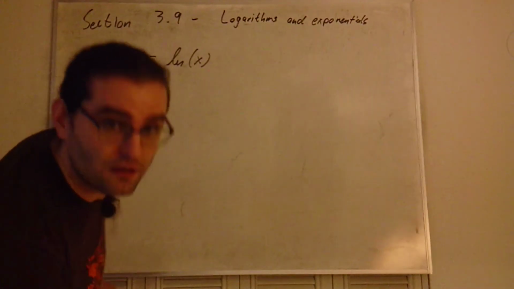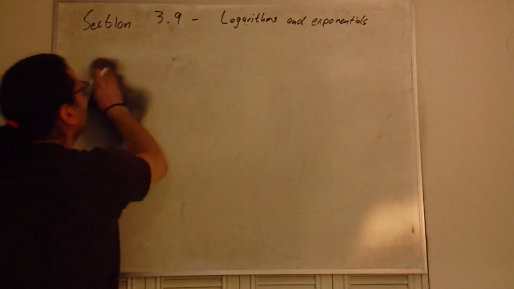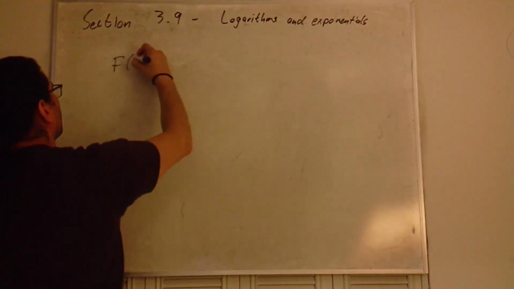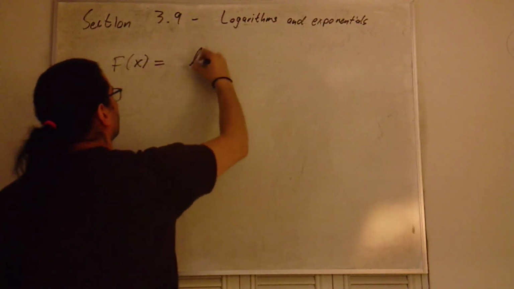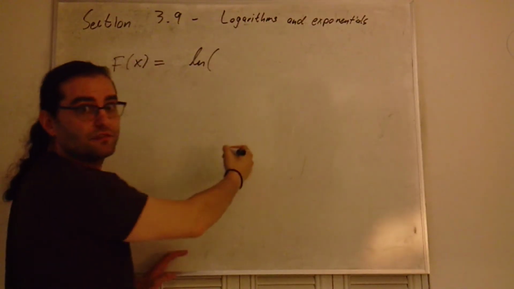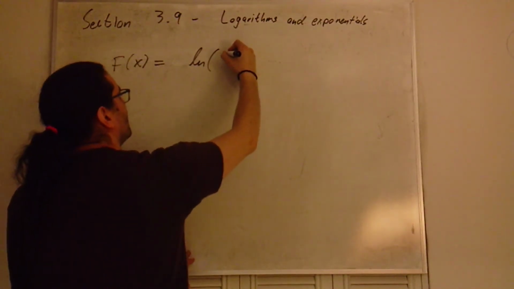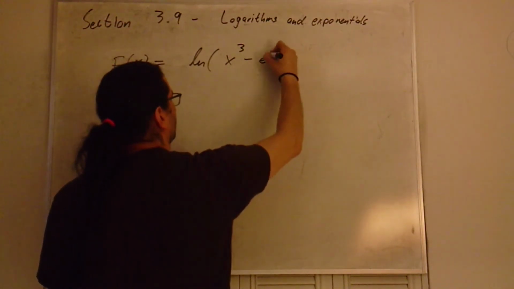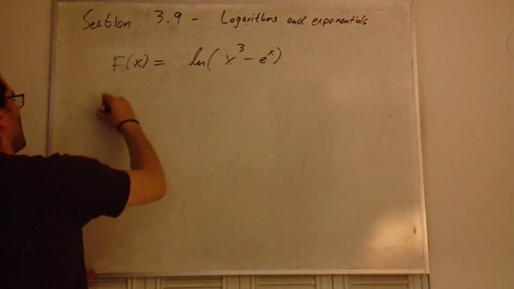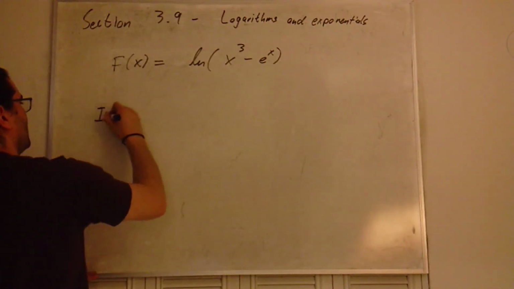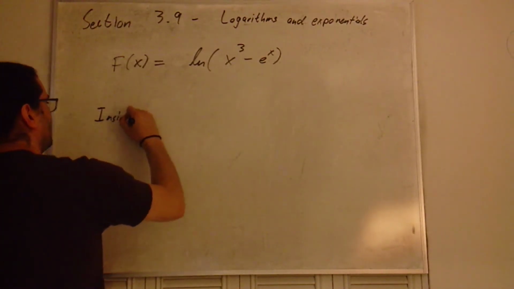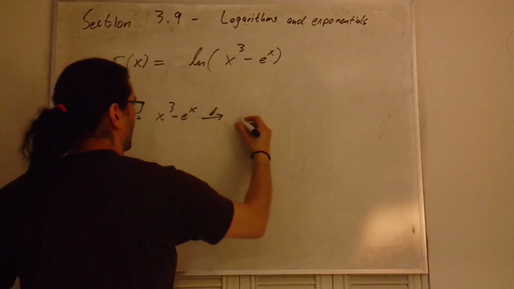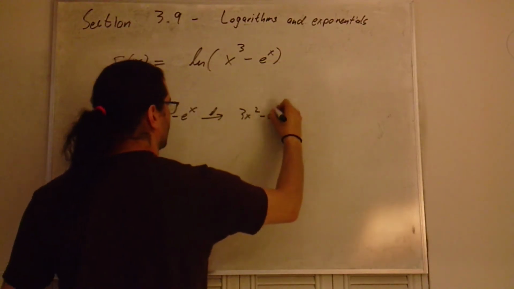Consider a function like the natural log of x cubed minus e to the x. If you wanted a derivative, you'd have to get the inside, which is x cubed minus e to the x, and take a derivative of that, which is 3x squared minus e to the x.